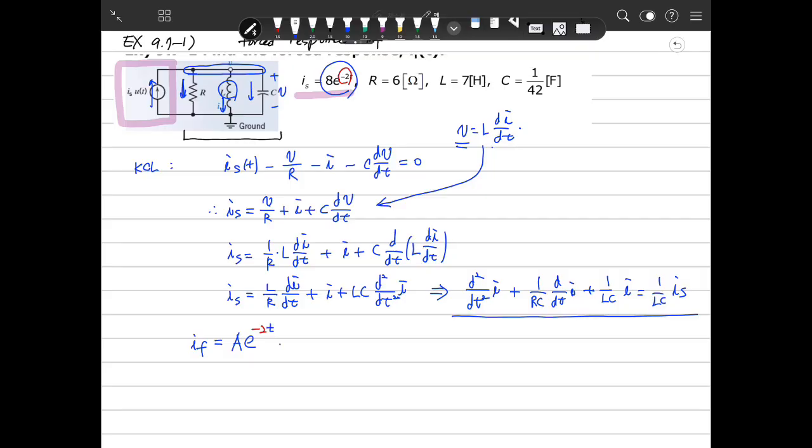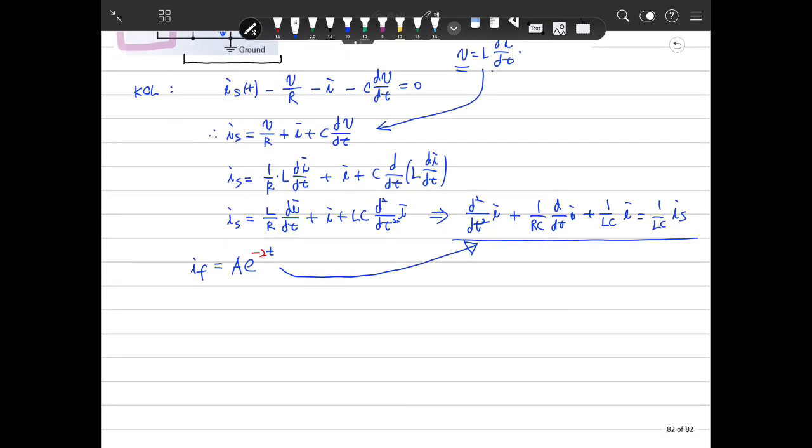We apply that to the equation: d squared/dt squared of a e^(-2t) plus 1 over RC d/dt of a e^(-2t) plus 1 over LC a e^(-2t) will be 1 over LC times the source.